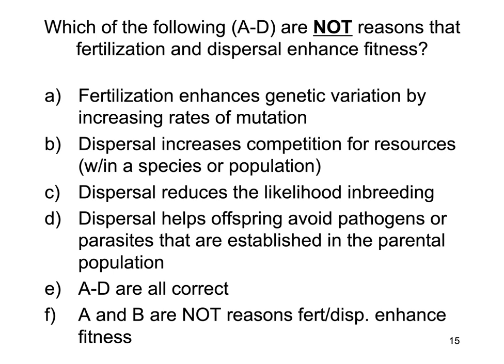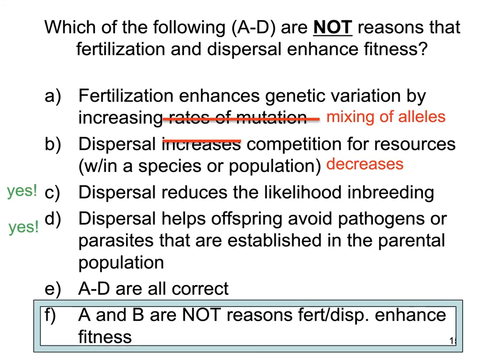Okay, which of the following, A through D, are not reasons that fertilization and dispersal enhance fitness? All right. If you said C and D are the correct choices, that is right. So remember, fertilization enhances genetic variation not by increasing rates of mutation, but through mixing of alleles.